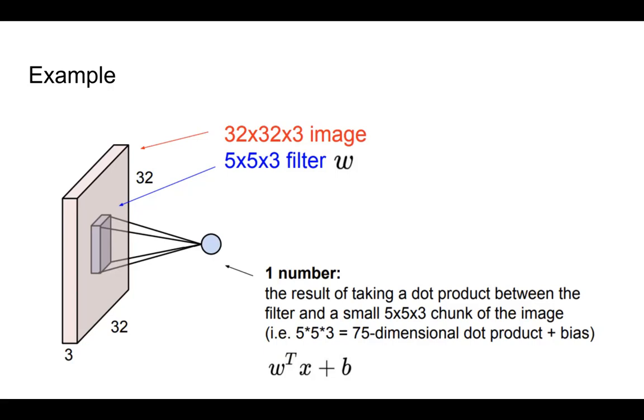Actually, it is not clear. If we have a single filter having 3 channels, how many parameters would there be? Since it is a single filter, it would have 5 into 5, so 25 parameters, and these 25 values would get multiplied with the 75 values.